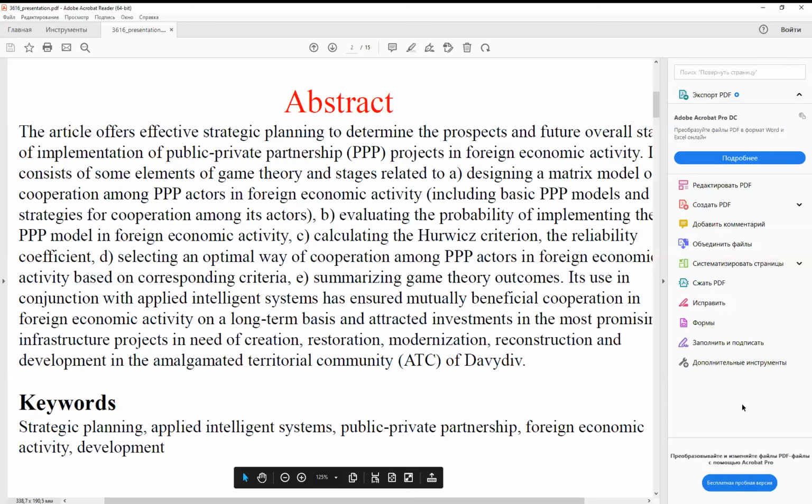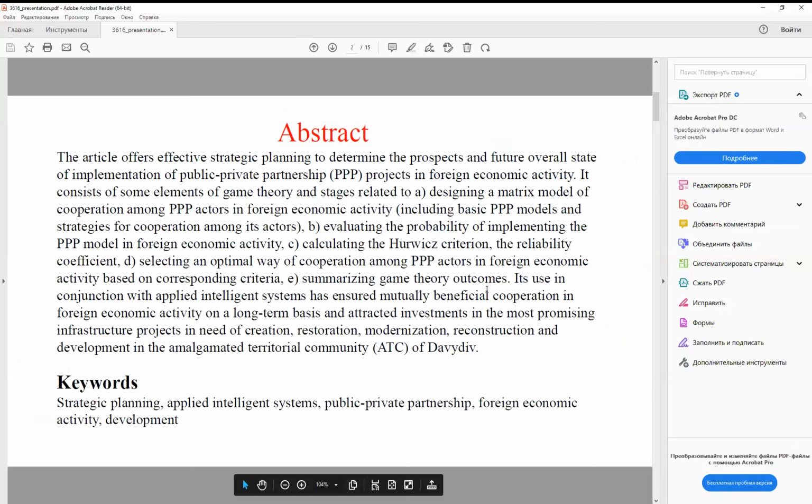It consists of some elements of game theory and stages related to: A, designing a matrix model of cooperation among PPP actors in foreign economic activity; B, evaluating the probability of implementing the PPP model in foreign economic activity; C, calculating the Harvey criterion, the reliability coefficient; D, selecting an optimal way of cooperation among PPP actors in foreign economic activity based on corresponding criteria; E, summarizing game theory outcomes.